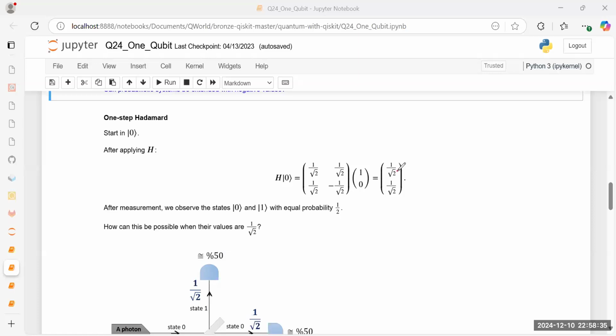So we can't say each entry here is the probability of some outcome. We can't say that.